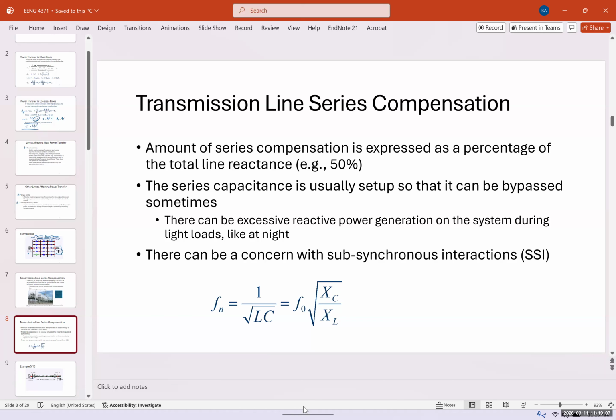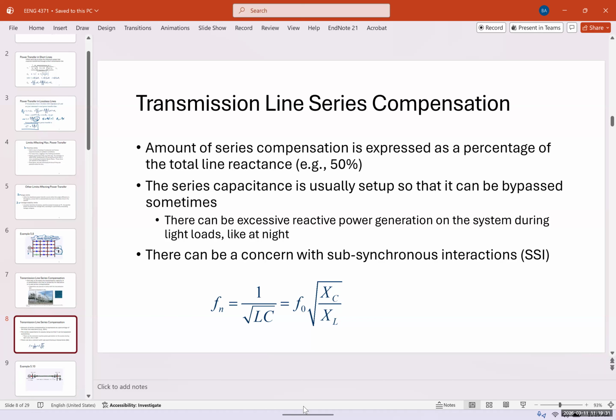The reason is there can be excessive reactive power generation on the system during light loads, like at night when we have low demand. So when you have lower demand, you have high voltages on the lines, higher reactive power, and you need a bigger capacitor bank or capacitance compensation.